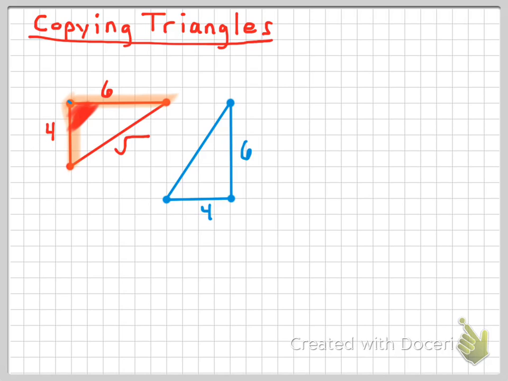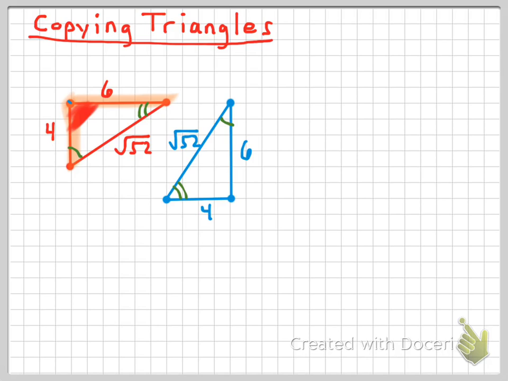You'll end up finding out that this is the square root of 52, and you had the exact same measurements here. You'll still have 4 squared plus 6 squared equals the hypotenuse squared, and you'll get the square root of 52 for that. And again, use your protractor if you want to see that I'm correct, that those two angles are congruent, and that these two angles are congruent as well, and so the triangles are congruent.